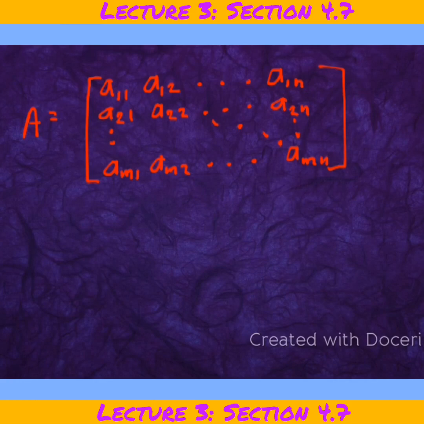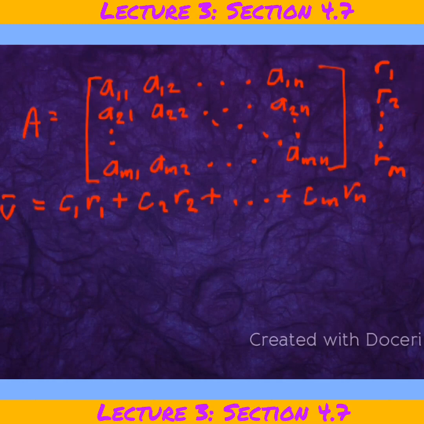The row space is just the linear combinations of the row vectors of A. Let's take a vector v and write it as a linear combination of the row vectors, where R1 denotes the first row, R2 denotes the second row, up until the mth row. V is obviously in the row space of A.